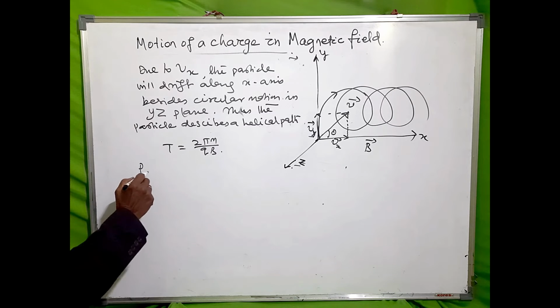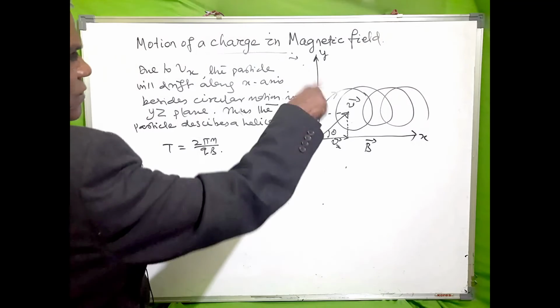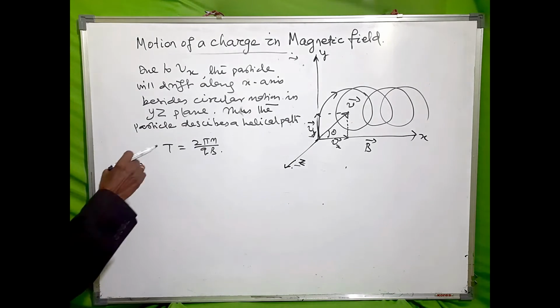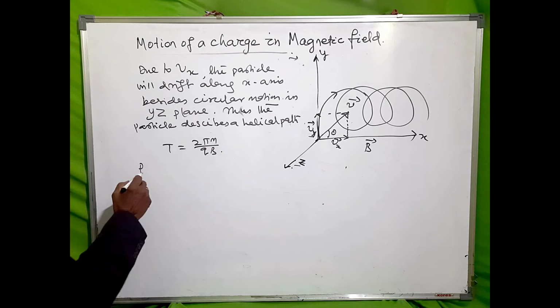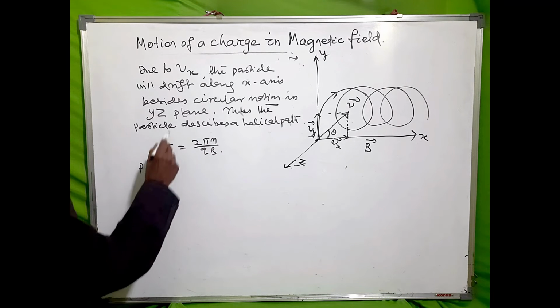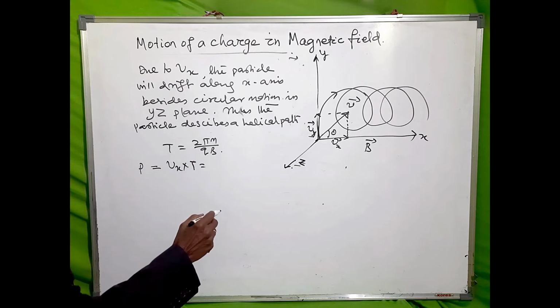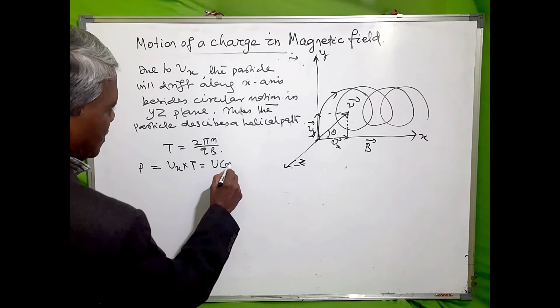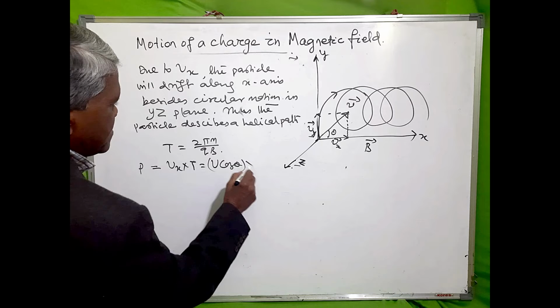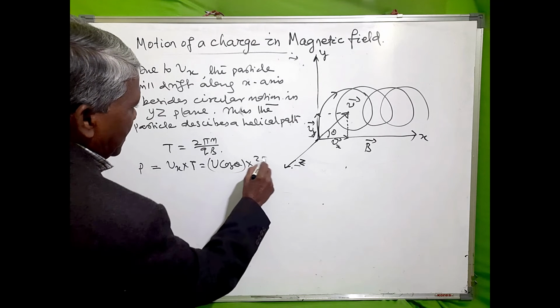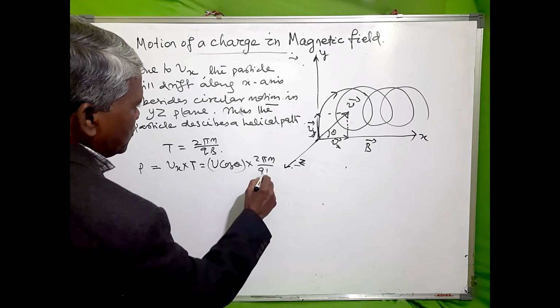Pitch is the distance travelled in one circular path, or pitch is equal to Vx into T, that is V cos theta into 2 pi m by QB.